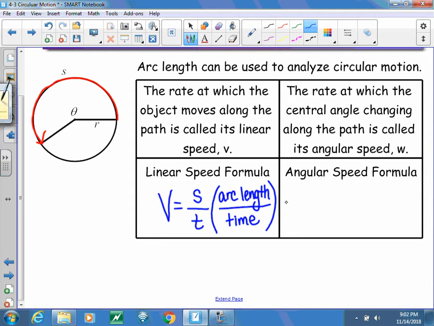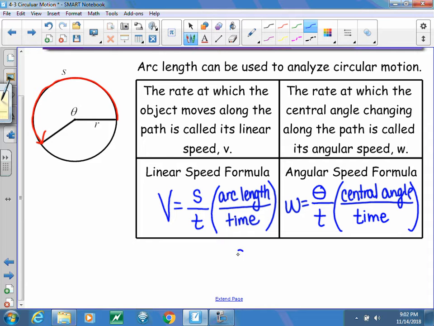For angular speed, we're going to use a omega (W) to note that. This time you take the central angle, that angle theta that we've been talking about, and divide that by the amount of time.